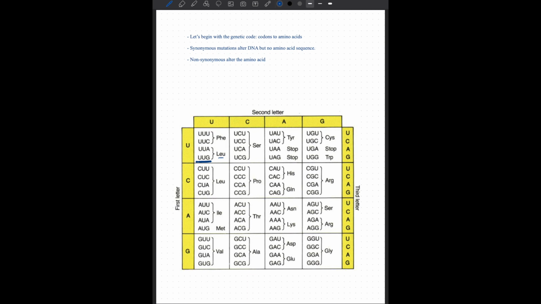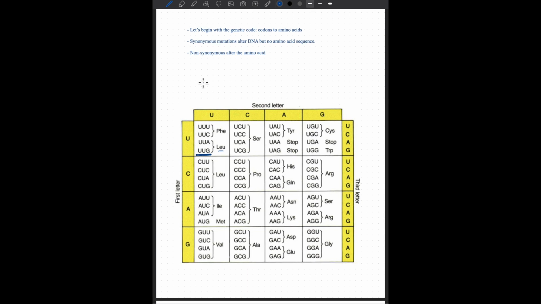Now, some mutations will be synonymous and some will be non-synonymous. So what does a synonymous mutation look like? If my genome is U, U, G, then this gets translated as leucine.